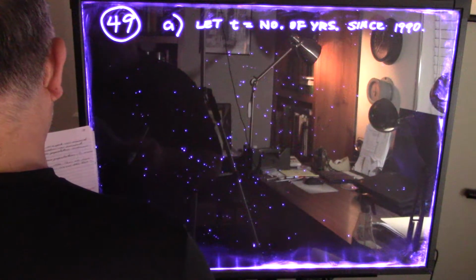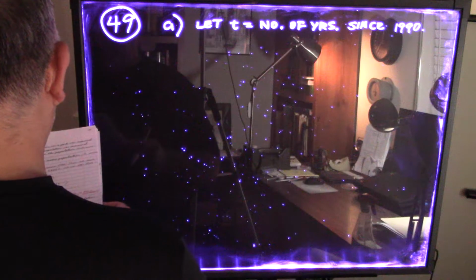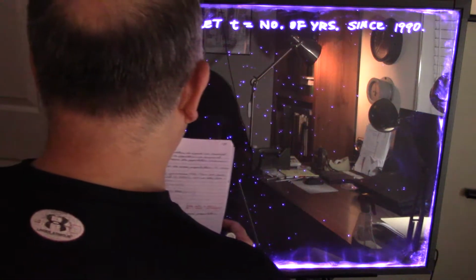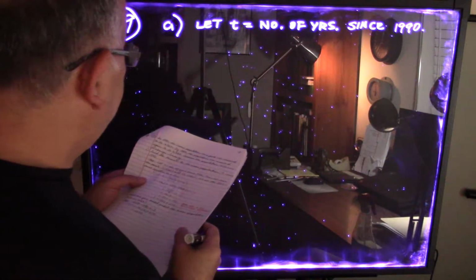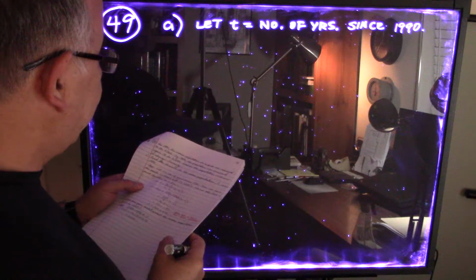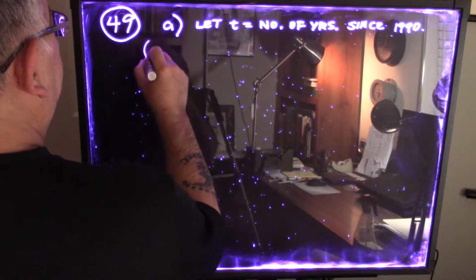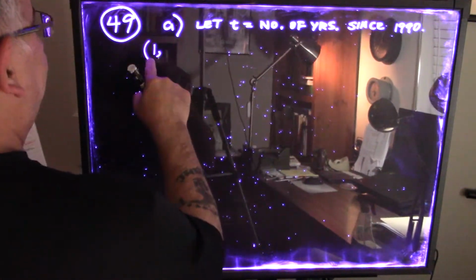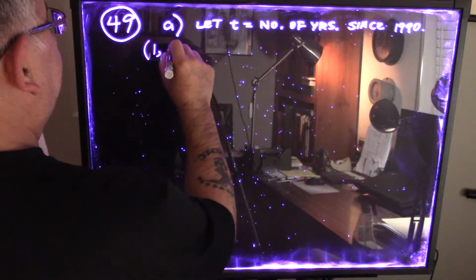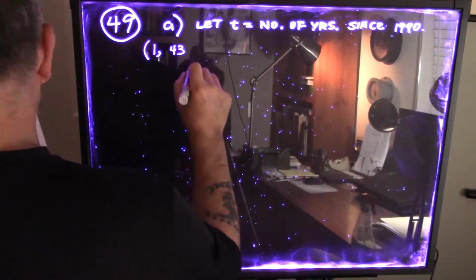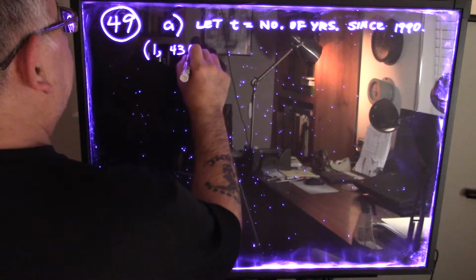So that means we have the points. In 1991, there was a population of 4,360, so that's 1 year after 1990. So we have the point 1 and 4,360.